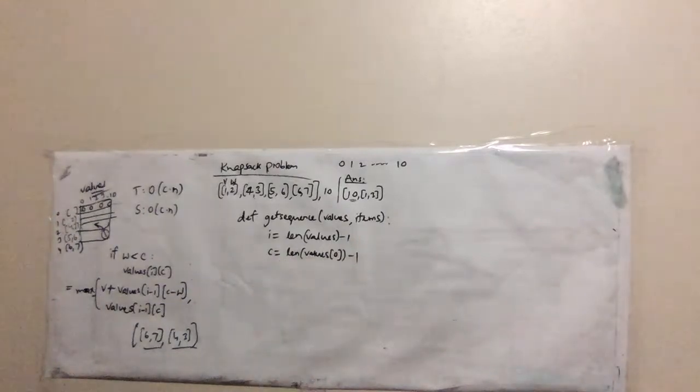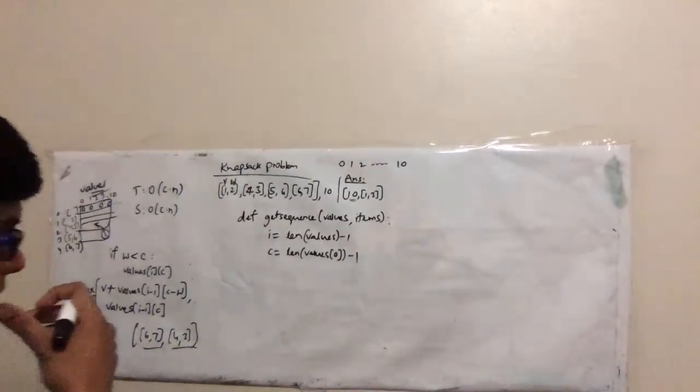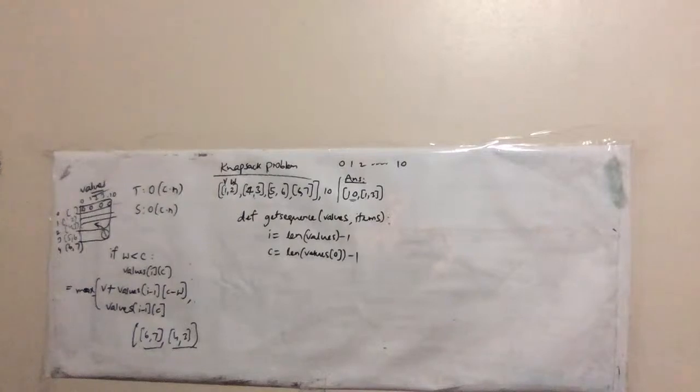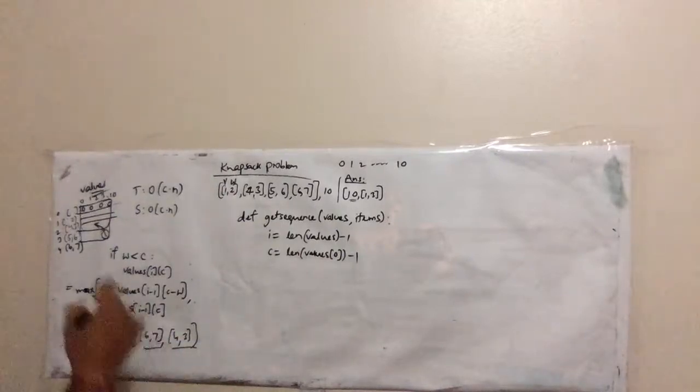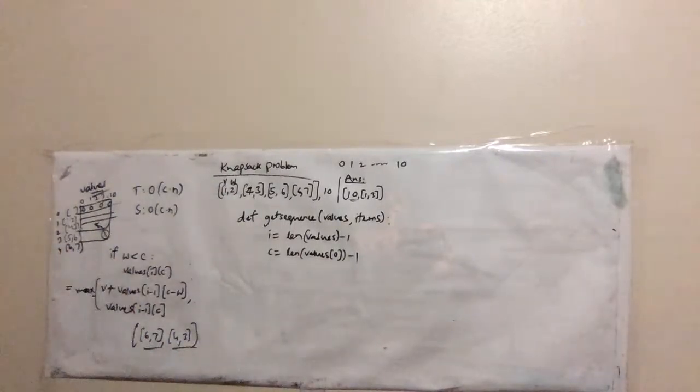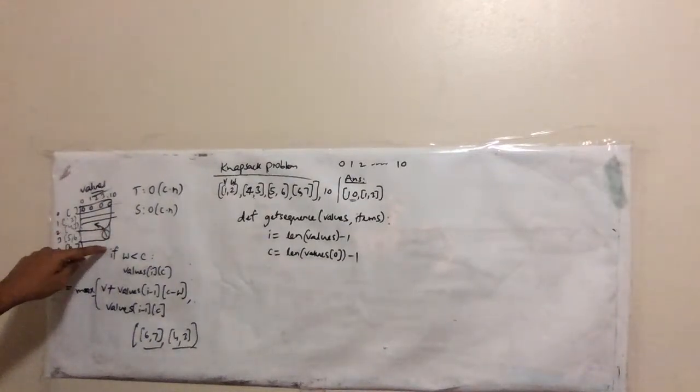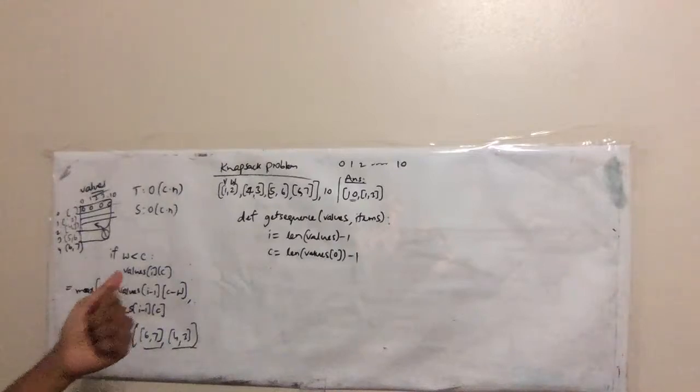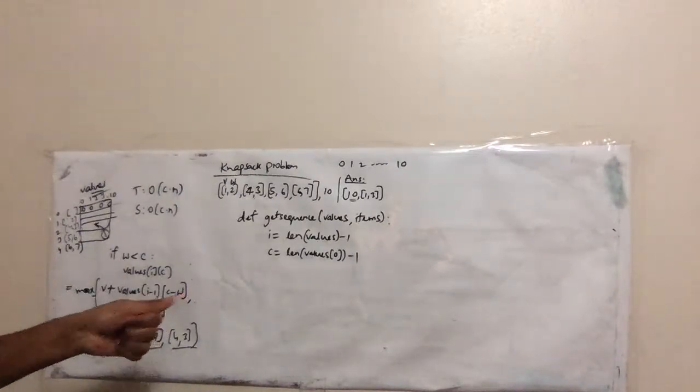So I will try to write like this. How can I write this? We need to backtrack, and we need to update. We need to basically check whether the last row value is equal to the previous row, exactly the top element.